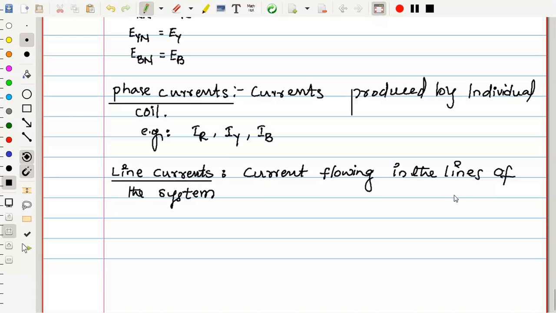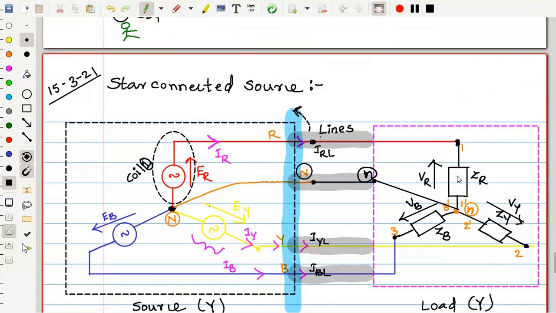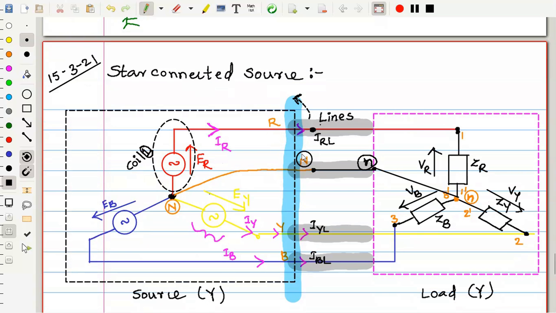So the currents flowing in the lines of the system. I told you what the lines are. Lines are nothing but external to the generator and external to the load. So excluding the internal parts of the generator and the load, there will be just some wires. You can see even in your home outside there will be poles and conductors. Those conductors you can call the lines. As of now, though it is not very accurate, I will introduce some more terminology later on. But you can imagine that is equivalent to lines. So lines are those external to the generator.